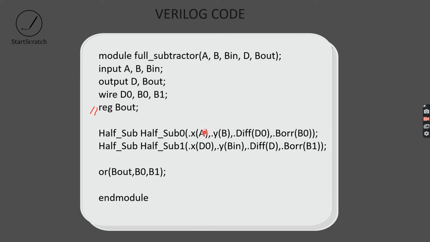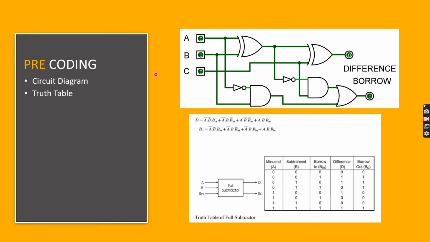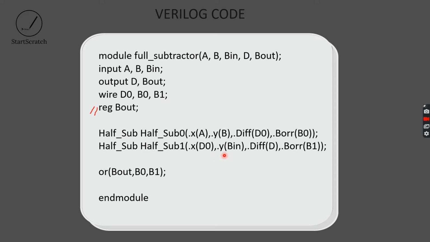Here I gave A and B as inputs, and I am getting the D0 wire as the difference output and B0 as the borrow output. And I gave this D0 here to the second half subtractor as an input, and here is the B in, which is the other input given to the second half subtractor, and I will be getting the answer D output.